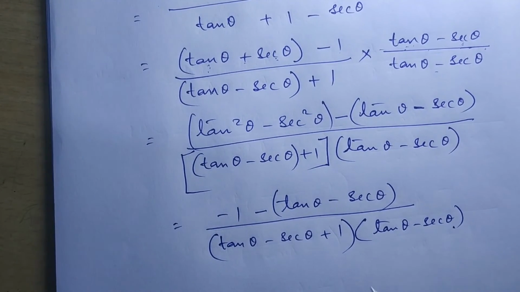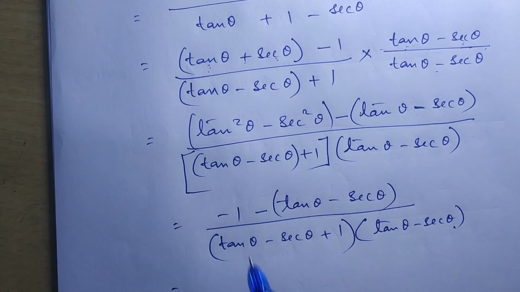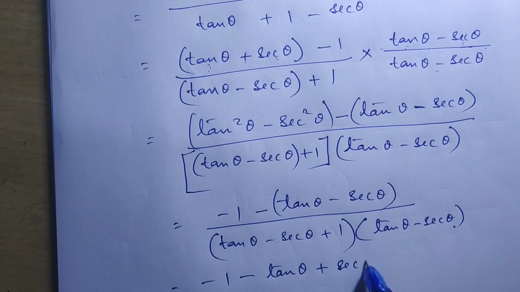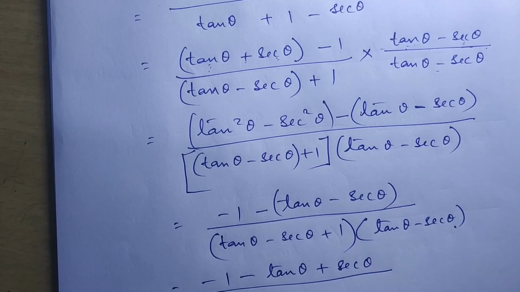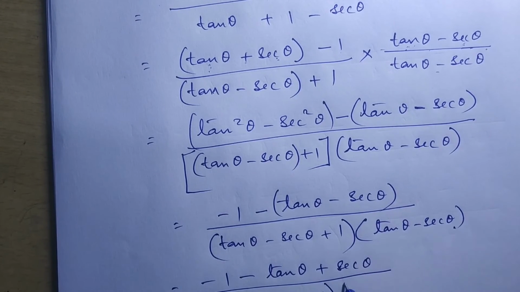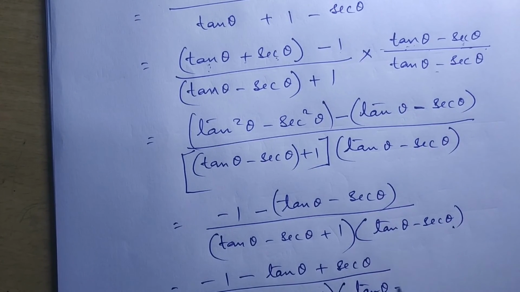Fine. Now I am removing the bracket in the numerator: minus 1 minus tan theta plus sec theta, and in the denominator tan theta minus sec theta plus 1 times tan theta minus sec theta.